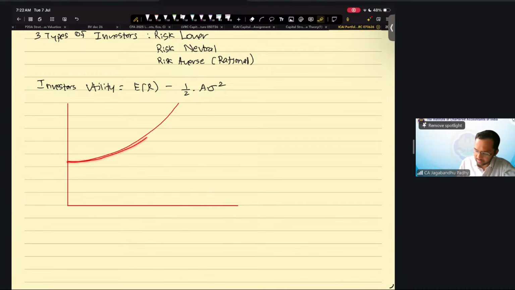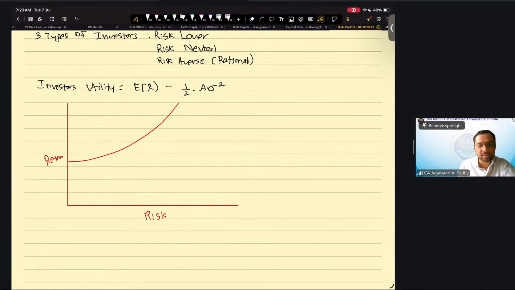Okay, so we get this curve, which is the investor's utility. For a given level of risk, what is the return the investor is expecting?